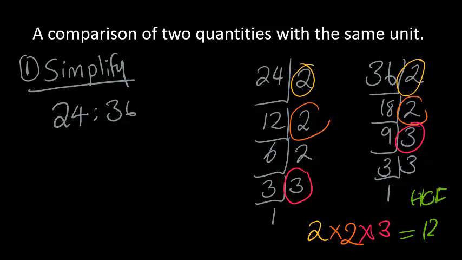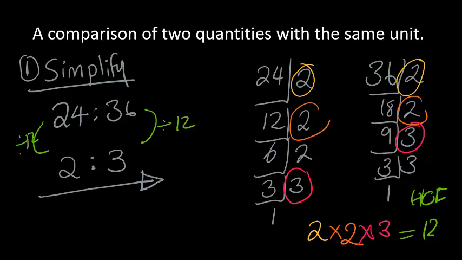This means that I can divide both sides by 12 in order to get the lowest common ratio. 24 divided by 12 is going to give me 2, and 36 divided by 12 is going to give me 3. So in its simplest form, 24 to 36 is the same as 2 is to 3.